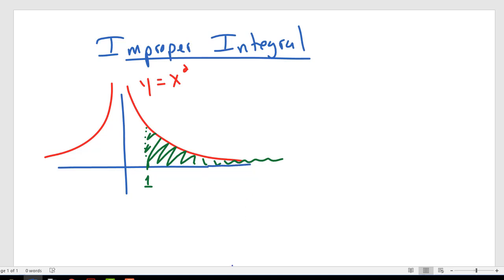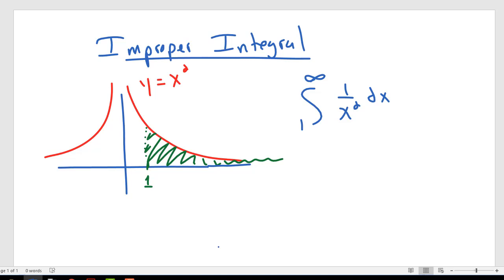So that is basically a visual interpretation of what it means for this integral to be improper. So I'm looking at the area under the curve of 1 over x squared from 1 to infinity. Usually, kind of a shortcut, we can look at the limits of integration. We can see an infinity here, and we can say, well, hang on a second. We're not supposed to be able to integrate to infinity. So that signals that it's improper.